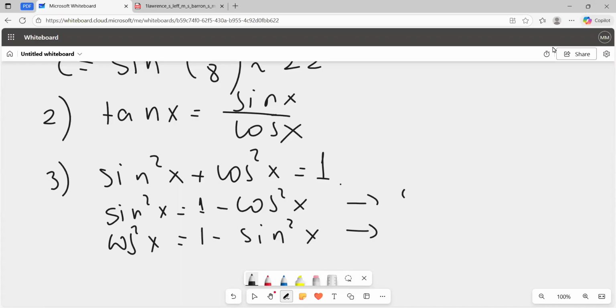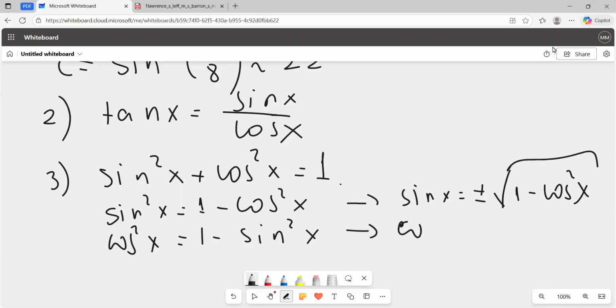Which implies that sine of x is equal to plus or minus. Of course, we will decide it after learning trigonometric ratios in the unit circle. Okay.